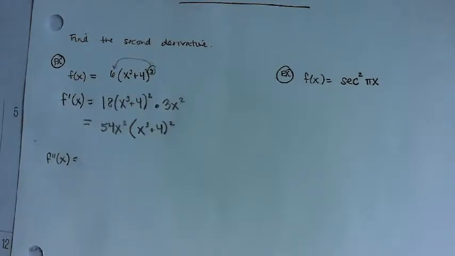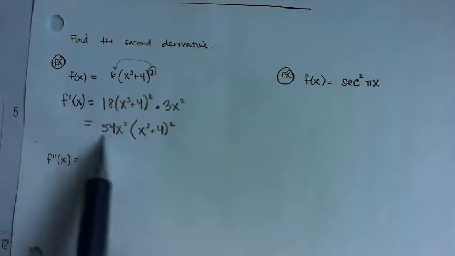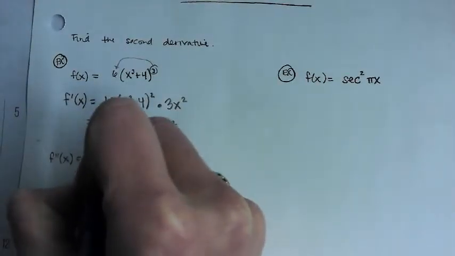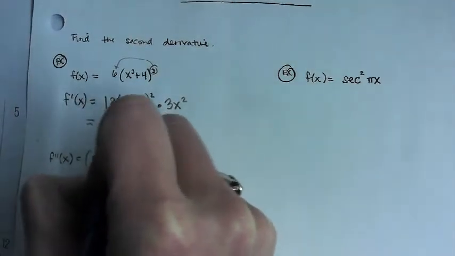Now, the second derivative requires what rule first, Michelle? Nope. Zach? Product rule. Do you see how we have first, second? So your first times the derivative of the second.